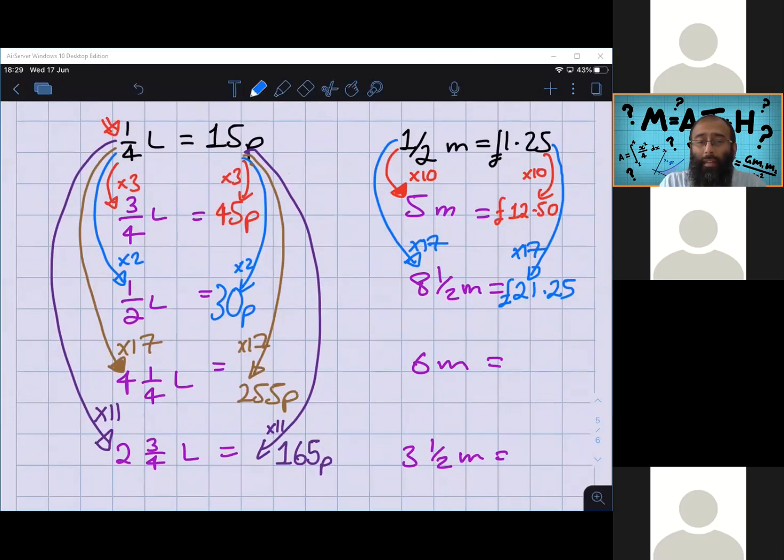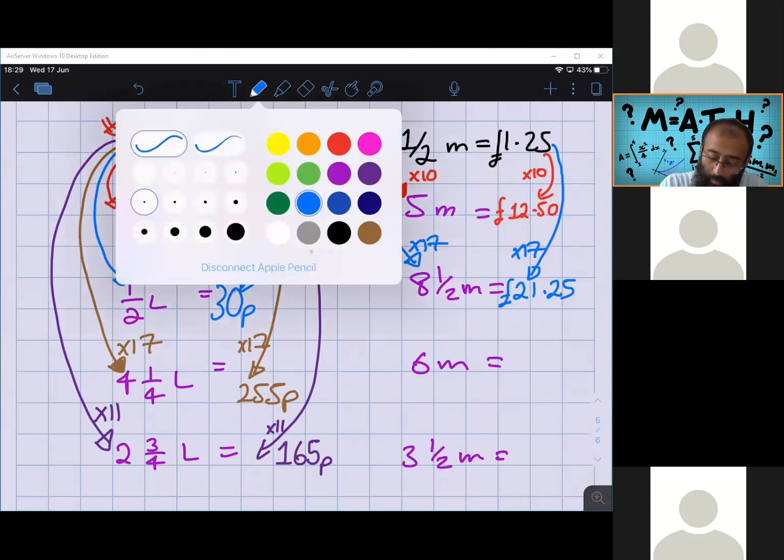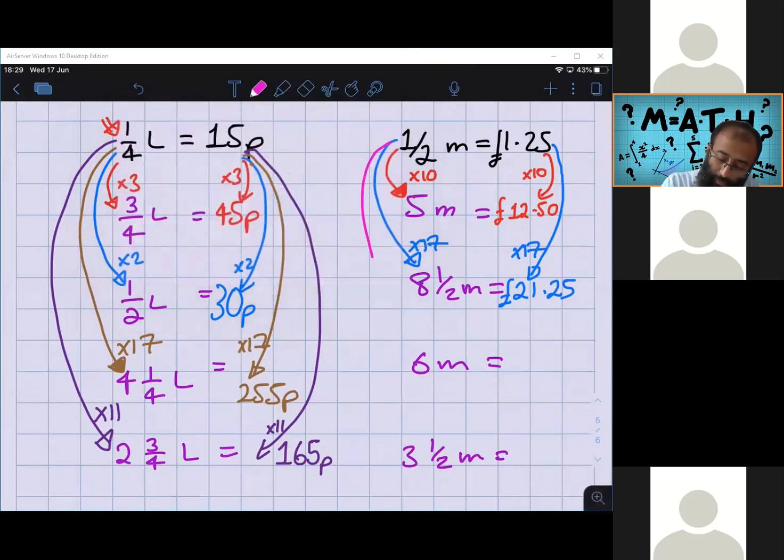Okay, now, Aliza, how do I get 6 meters? You could use the half meter. Absolutely. So how does half a meter become 6 meters? Times it by 12. Why do you times by 12? Because there are 12 halves in 6. Fantastic. Half a meter will fit into 6 meters 12 times.